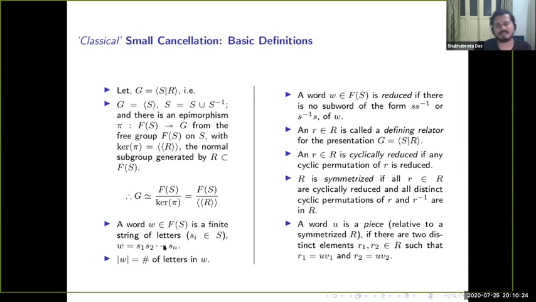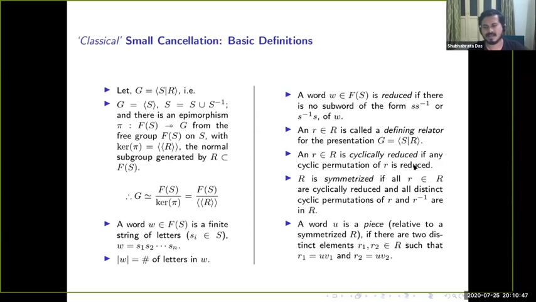A word is a finite string of letters, and the length of a word is the number of letters in it. It is reduced when there are no subwords like this. We call these types of words in R defining relators.